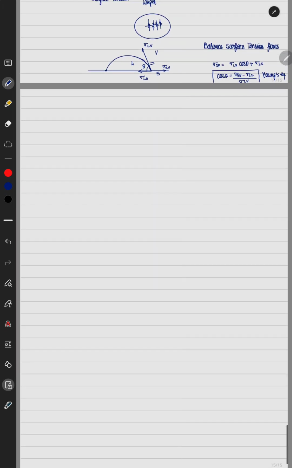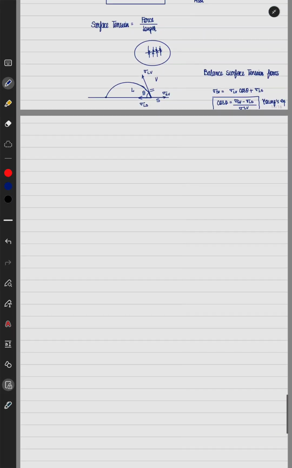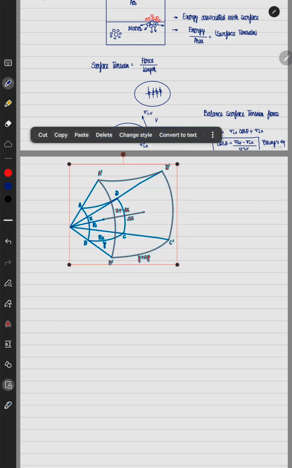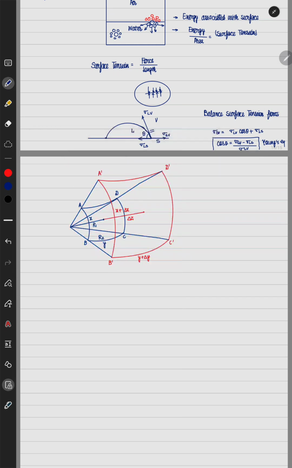Now let us move on to the next topic, and we would like to correlate how the surface tension is related to the pressure difference. We want to show the relation between surface tension and the pressure difference.